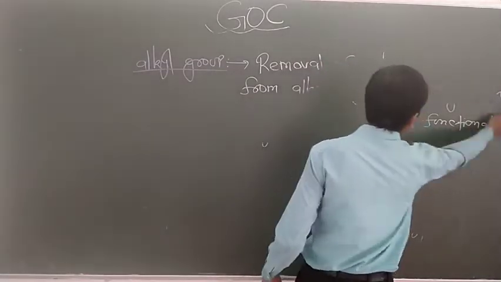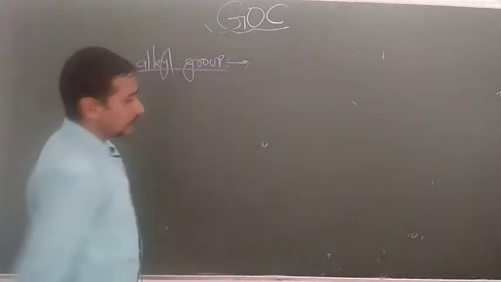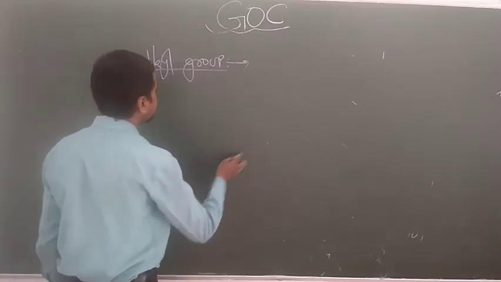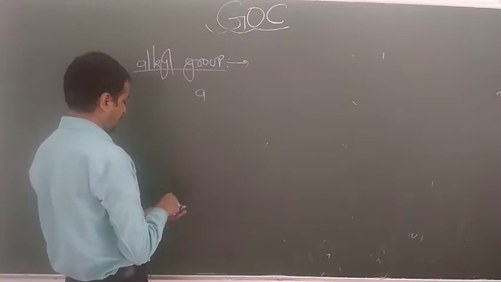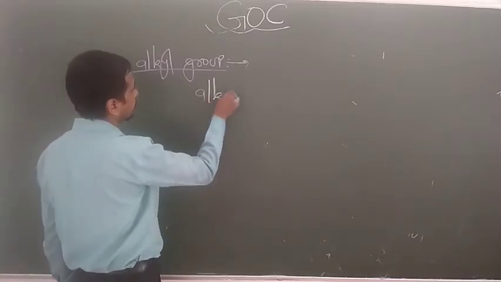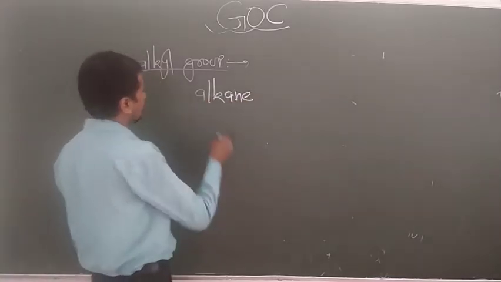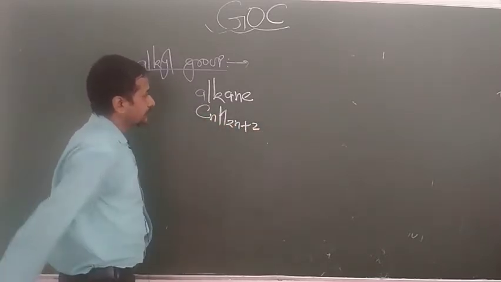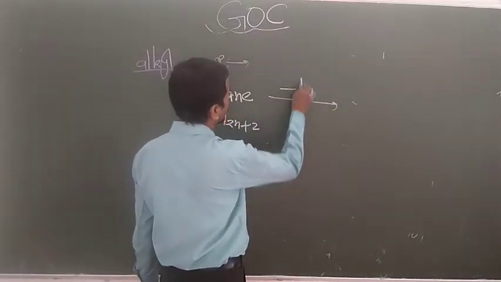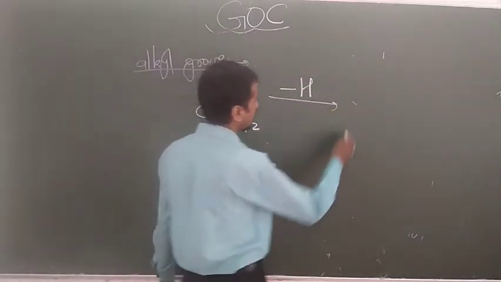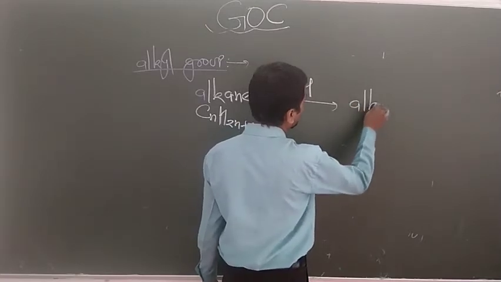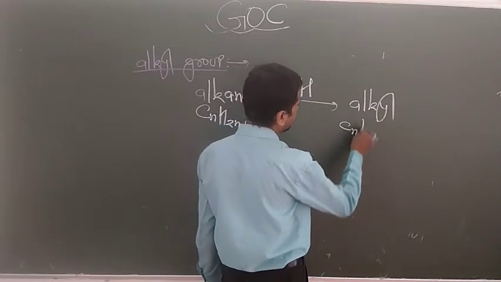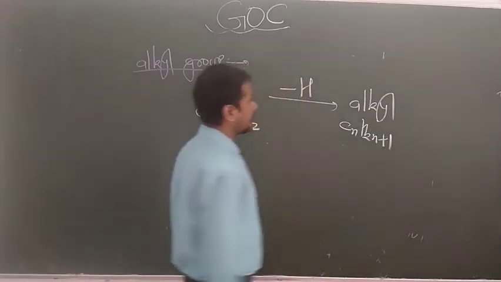Now focus here on how we can generate the alkyl group. You know about the alkane. The general formula of alkane is CnH2n+2. Now one H is removed. In that condition the group becomes alkyl, and the formula is CnH2n+1.